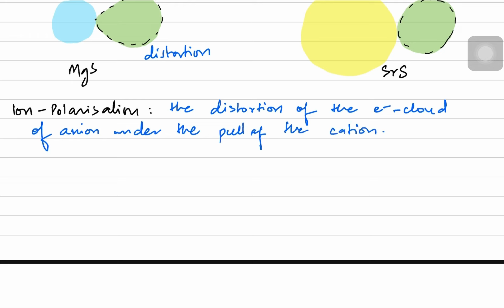Ion polarization gives us two more definitions. One is known as polarizing power, and the other is polarizability.